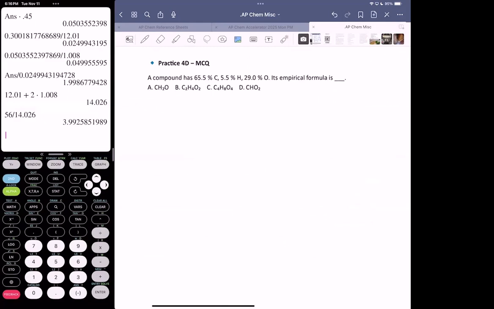We're going to go percent to mass. So 65.5% is 65.5 grams of carbon, 5.5 grams of hydrogen, and 29.0 grams of oxygen. Percent to mass, mass to mole.